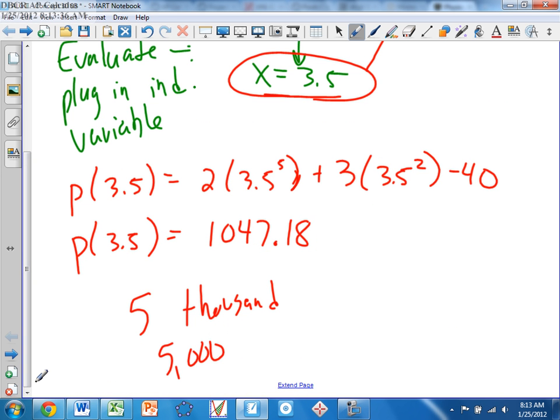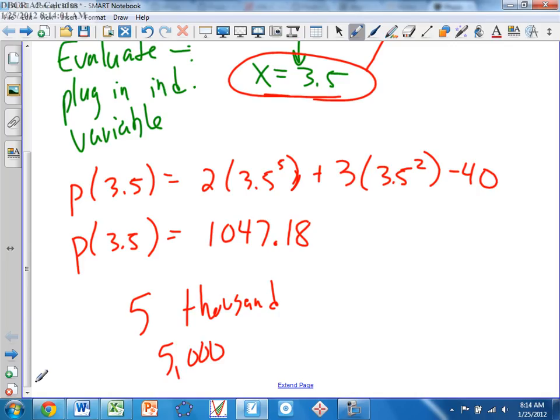This is 1,047 thousands. So when we had 5,000, we added 3 zeros to it. Many of you noticed we have to do the same thing here. So this is not our profit. Our profit is that number times 1,000. Again, our profit was in thousands.